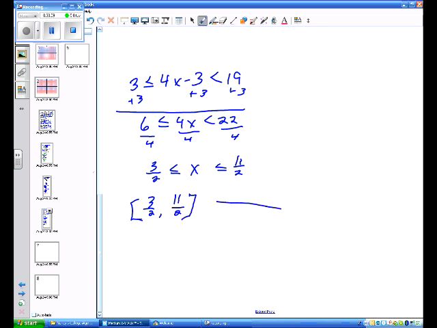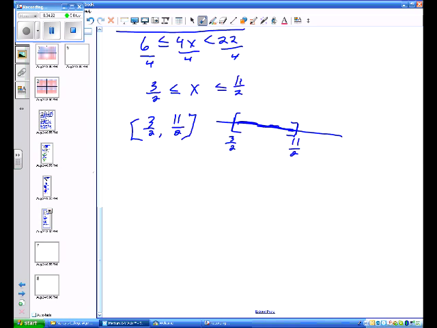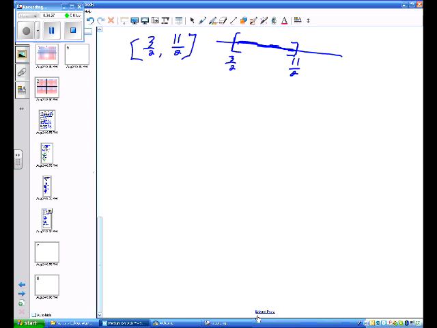If we graphed it, we would have our 3 halves, our 11 halves, and we're talking about what's between them. But it does include the endpoints. Let's look at one more.